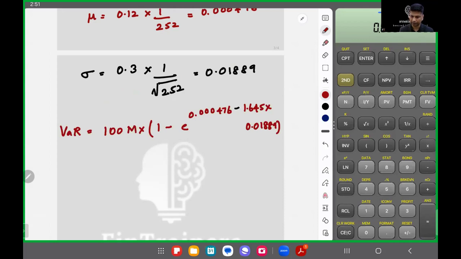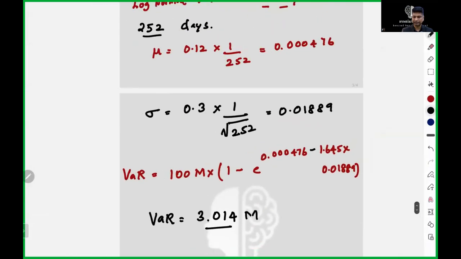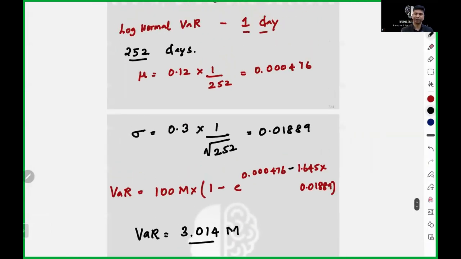Okay, this multiplied by 100 million, and the answer is 3,014,760. So my VAR is 3,014,000, I'm rounding it there. So this is my logarithmic VAR for these values. Hopefully you understood this. If you have any questions, let me know. All the best.